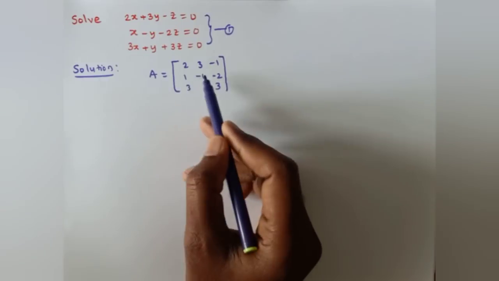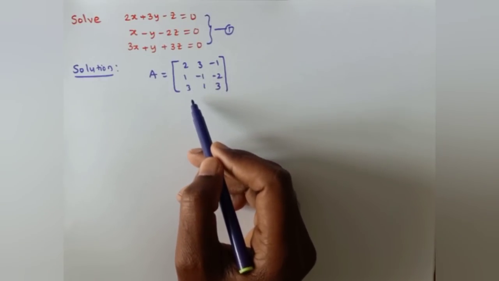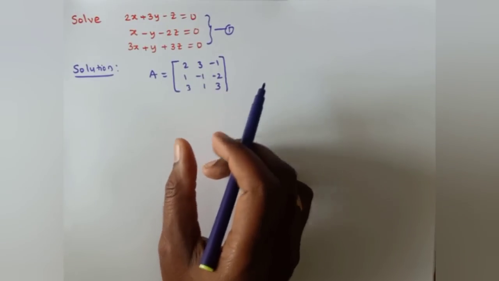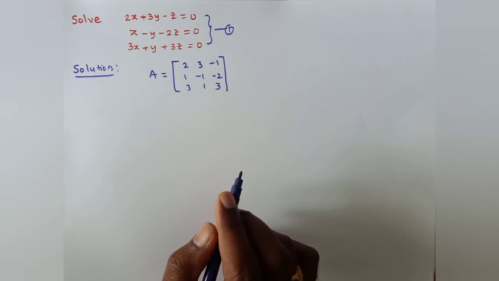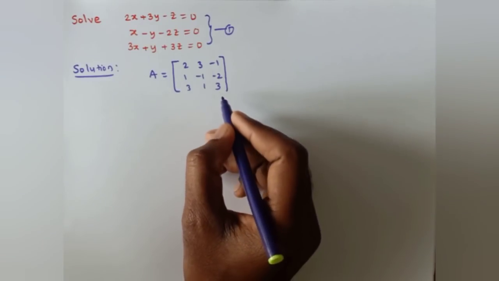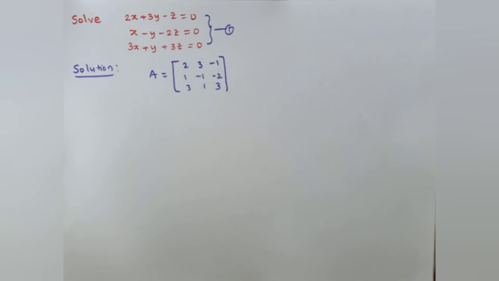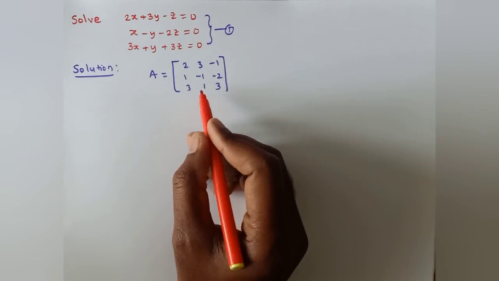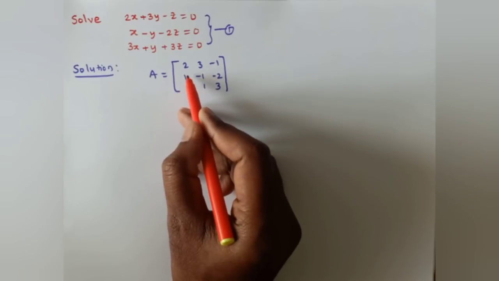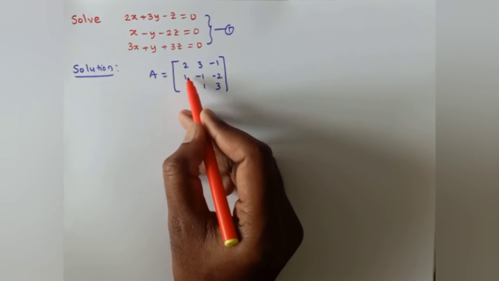So here you know how to find the rank of this matrix. There are several methods to find the rank, by using the determinant or using elementary transformations. You can use any method. Here I am applying elementary transformations. While applying them, you need to make these two elements 0.